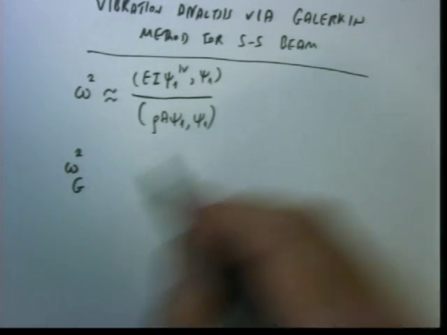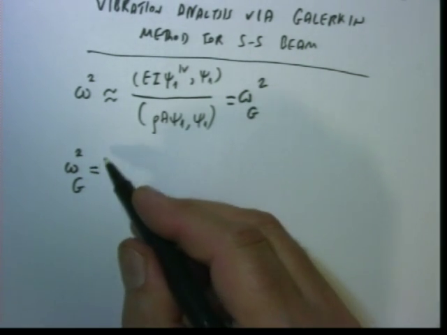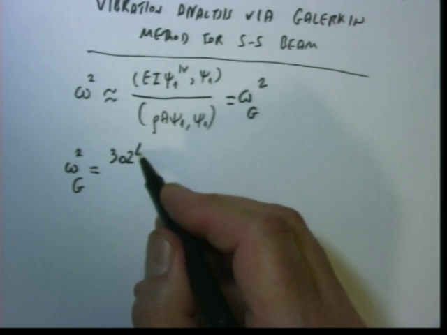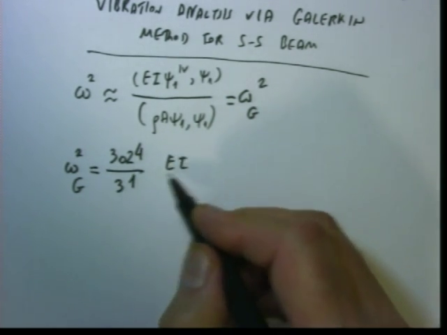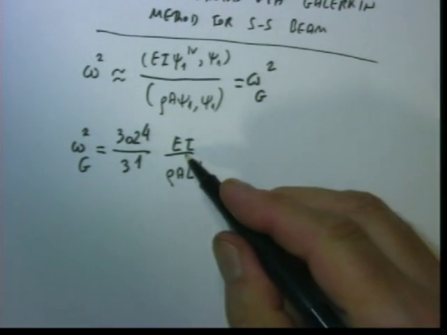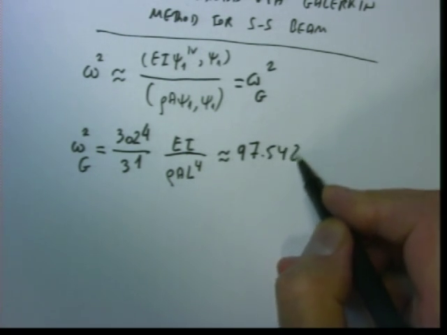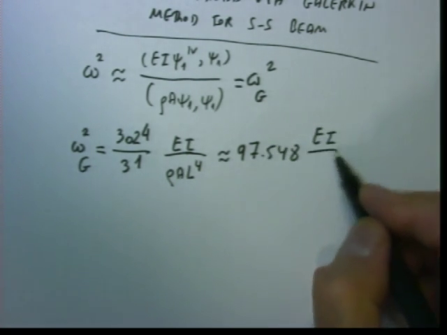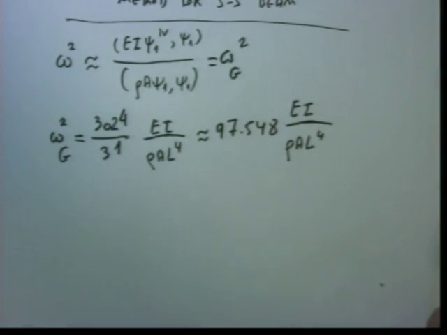So let us call it omega G squared, omega Galerkin, equals 3024 divided by 31 EI over rho A L in fourth power. Or this is 97.548 EI over rho A L in fourth power. Okay, that is by Galerkin method.